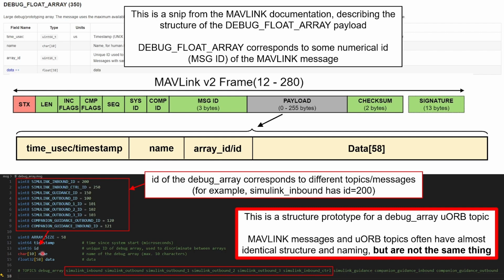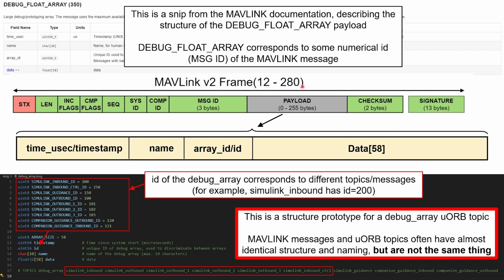This ID and name refer to the internal ID and name of the debug array. There is system ID, comp ID, and message ID that is part of the Mavlink protocol itself, used by Mavlink to understand what kind of message that is, because you're always sending this.